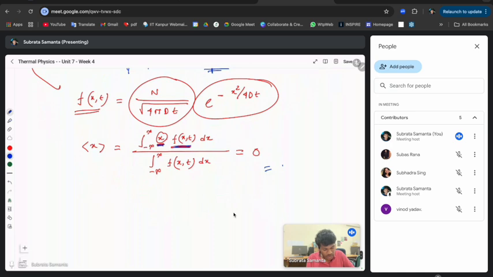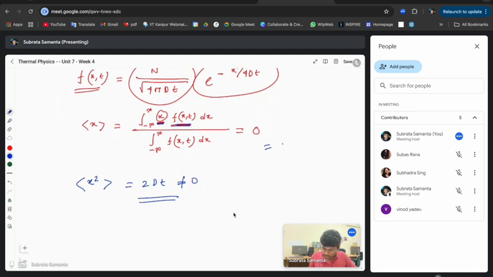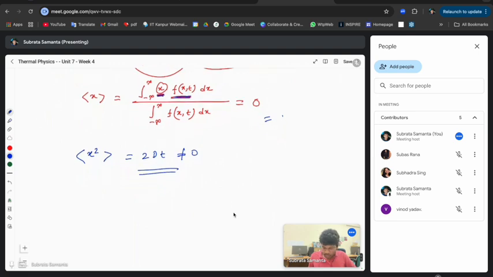But if you calculate the x² average, it gives 2Dt. This is a non-zero number, because x² is an even function, so symmetry cannot make it 0.